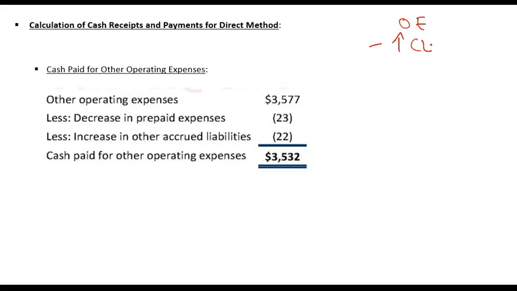So you will subtract the increase in current liability, and you will add the increase in current asset, and this should give you the cash paid for operating expenses. So again, an item from the income statement, then adjusting for the change in the balance sheet asset or liability should give you the cash figure, and your amount on the cash flow statement should tie up with this change.